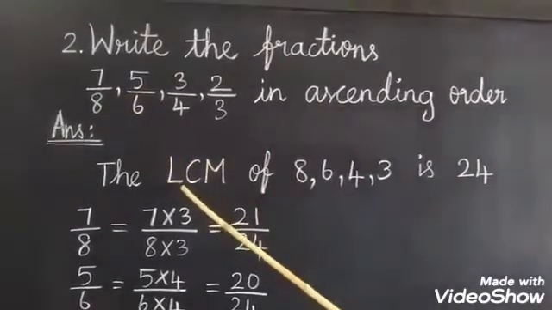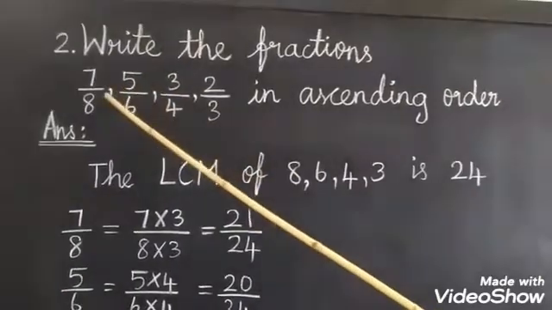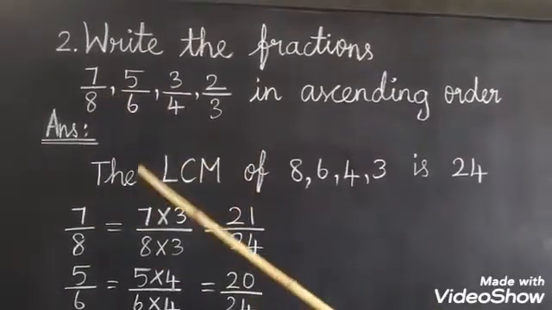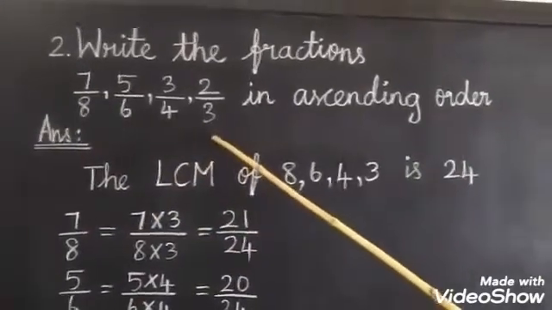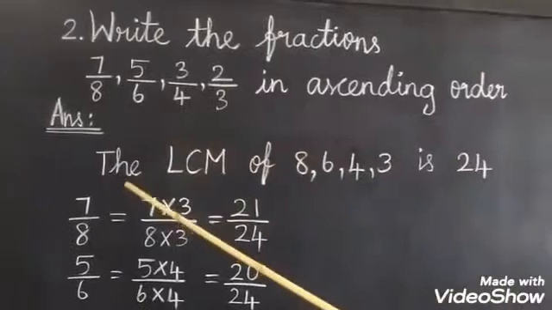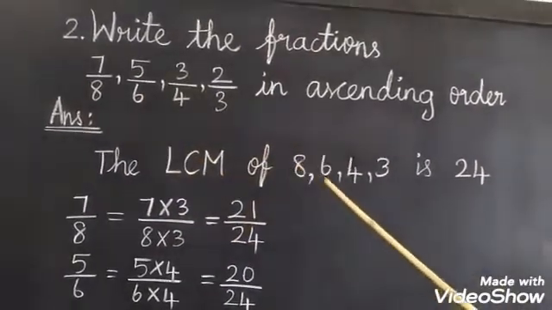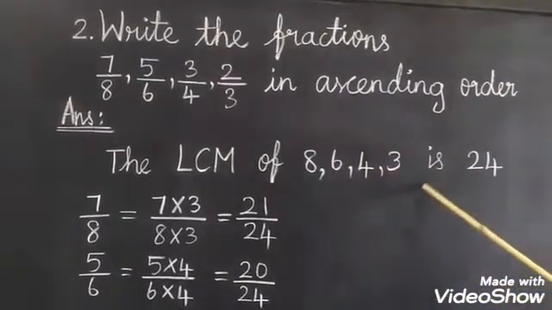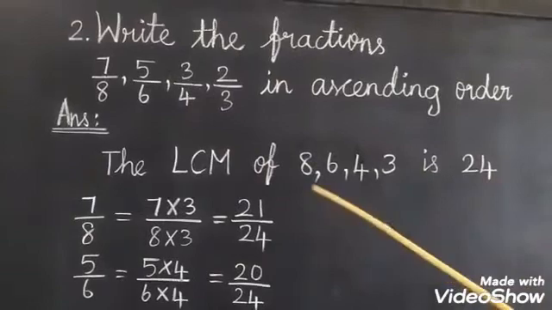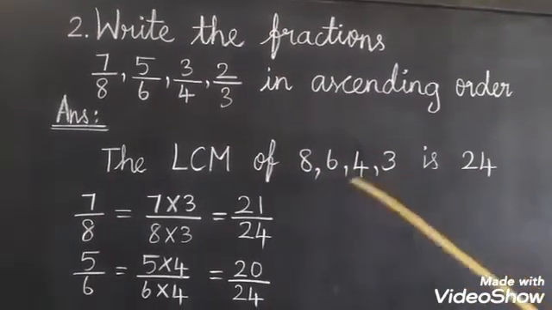For writing ascending order, we have to find out the LCM first. See here, we have to consider denominators only for the LCM. The LCM of 8, 6, 4, 3 is 24. You have to calculate the LCM for these 4 denominators. We get the LCM as 24.